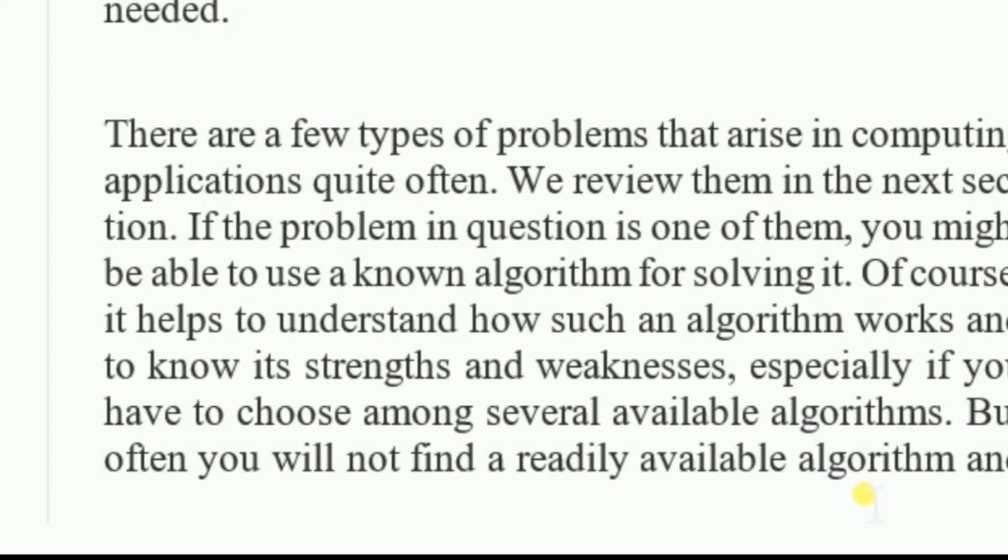Maybe for example, when the problem is given, that problem may be a new one in nature. Sometimes it may be an already existing one, but sometimes it may be a new one. And then as per the situation, you have to design it by analyzing in your own way.